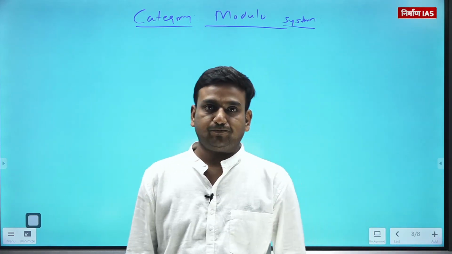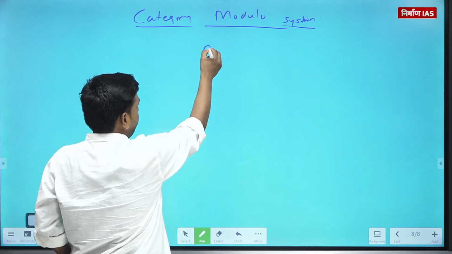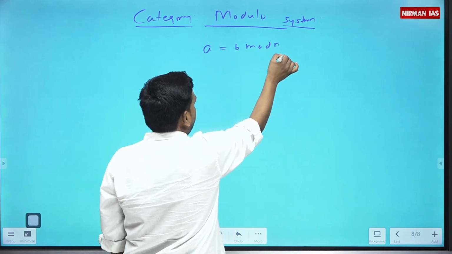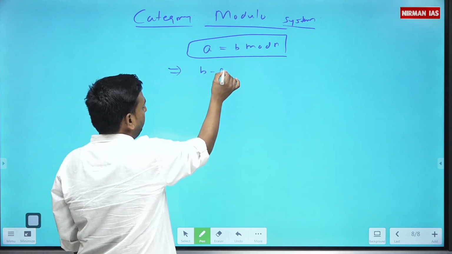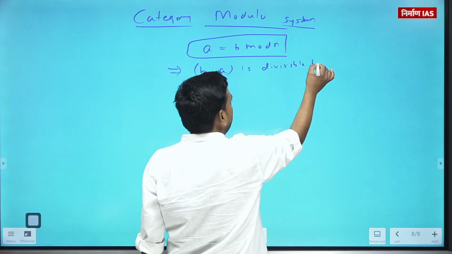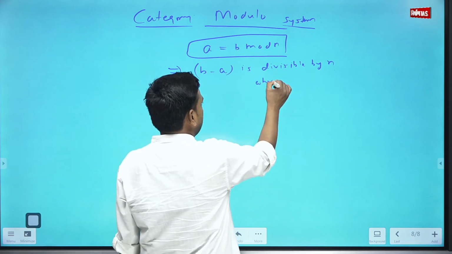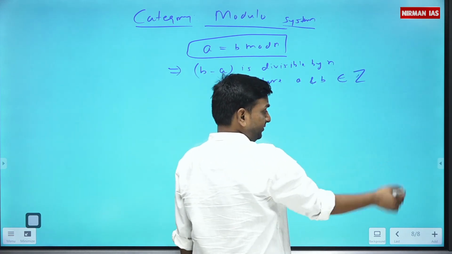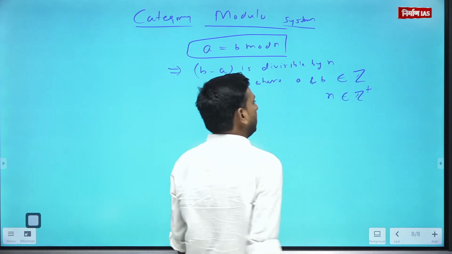In the modulo system, a definition. A is congruent to B modulo n simply implies B minus A is divisible by n, where A and B are integers, either negative or positive, and n is a positive integer.